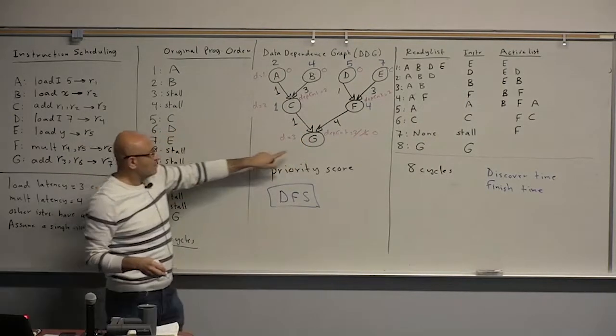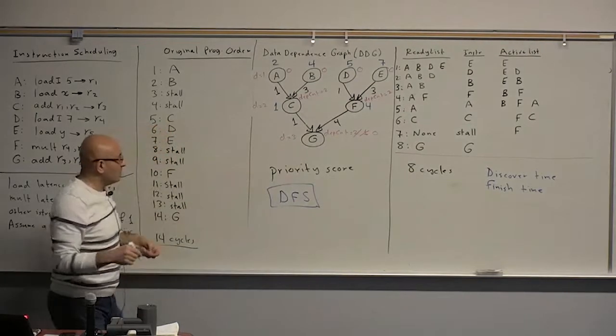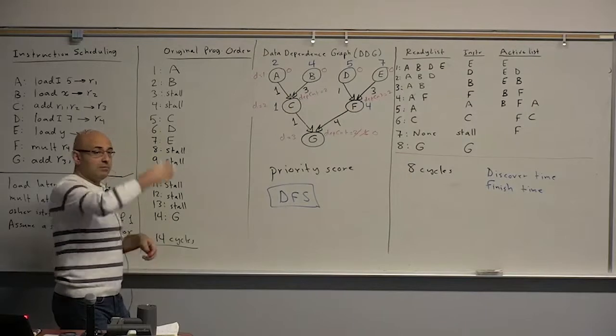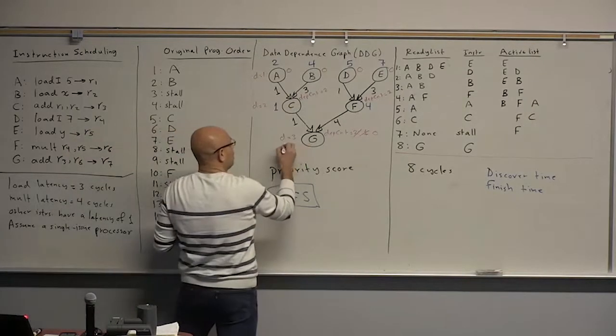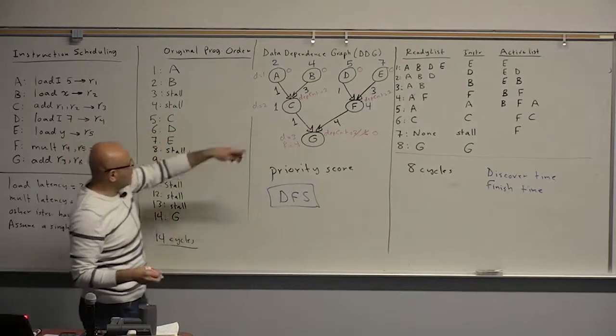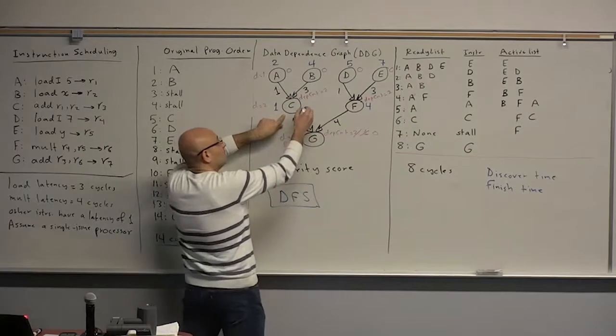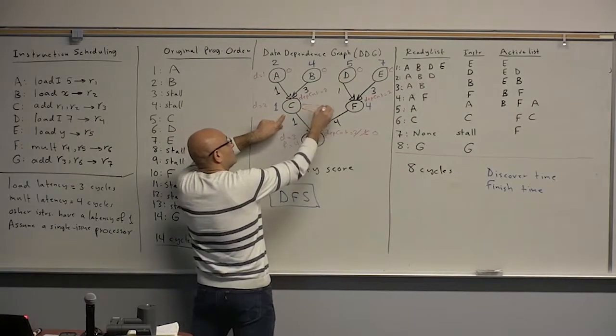Now G doesn't have any neighbors, so we will have to backtrack. We finish G at time 4, and we backtrack to C. In general, we will have to see if C has other neighbors.